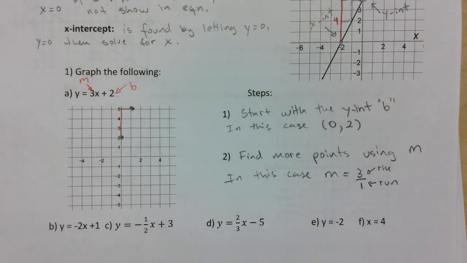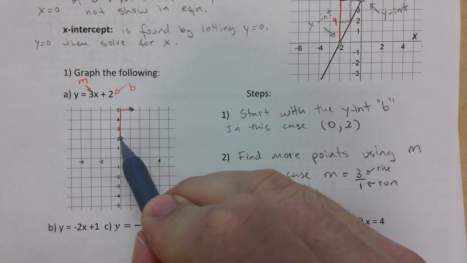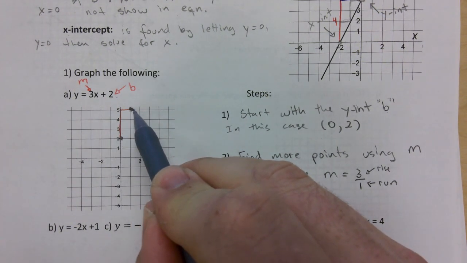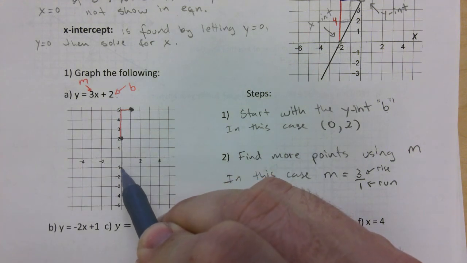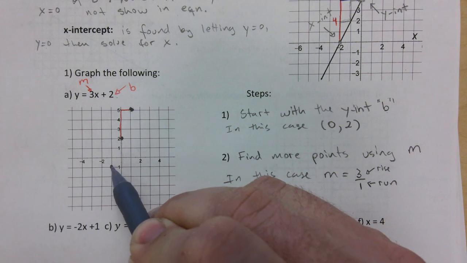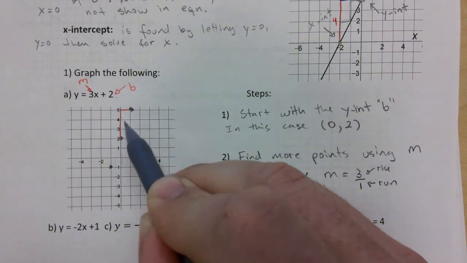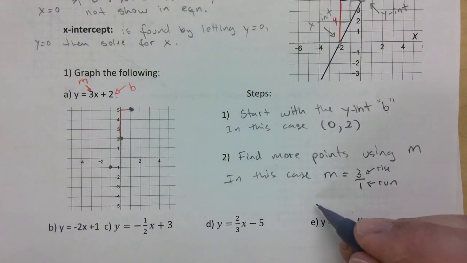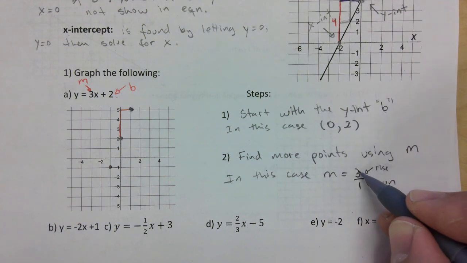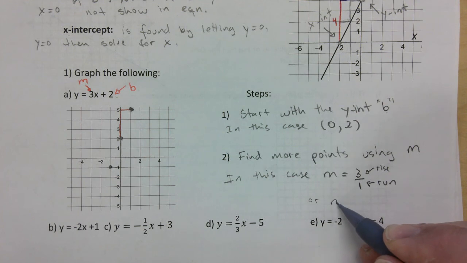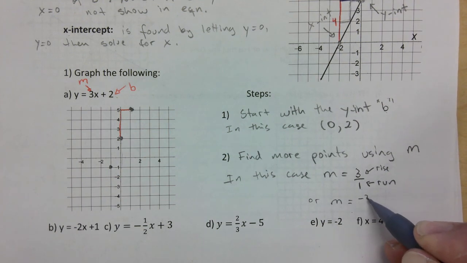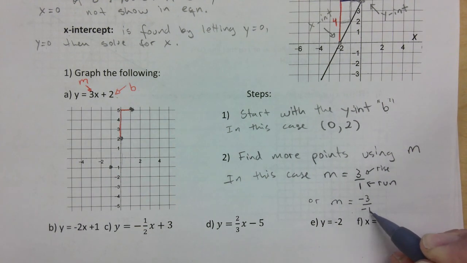Technically, 2 points is all you need to draw your line, but sometimes we're going to ask you to find a third point. So imagine you went up the stairs, right? 3, 1. If you did the exact opposite, if you went down and back 1, you will line up with the same one, right? So we could say slope is equal to 3 over 1, or the slope is negative 3 over -1, right?